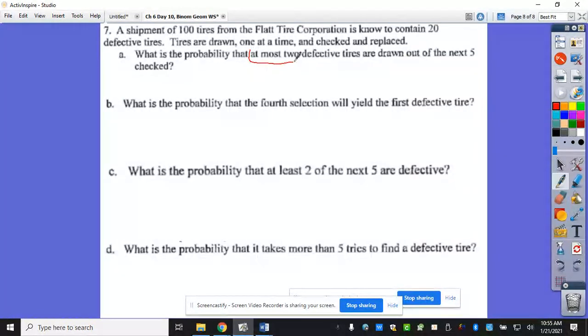At most 2. And now this is a test where I expect you to write all over it. Shipment of 100 contains 20. Tires are drawn. I could write about this part about being independent. So what kind of problem is A?